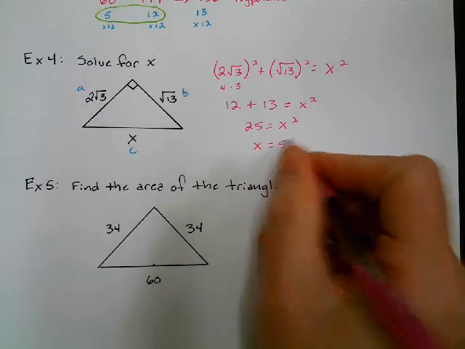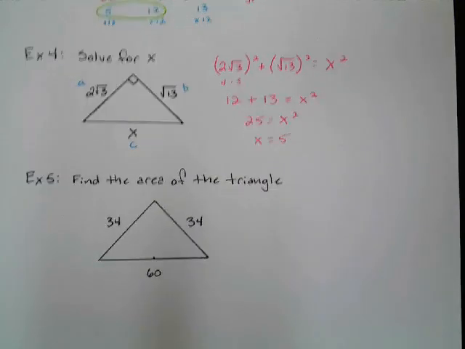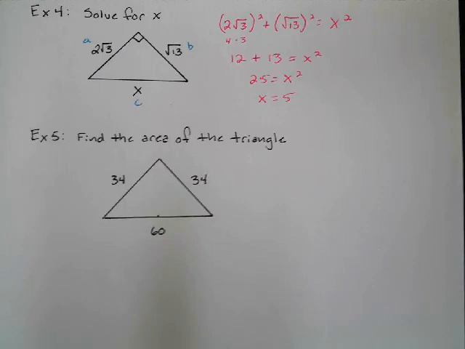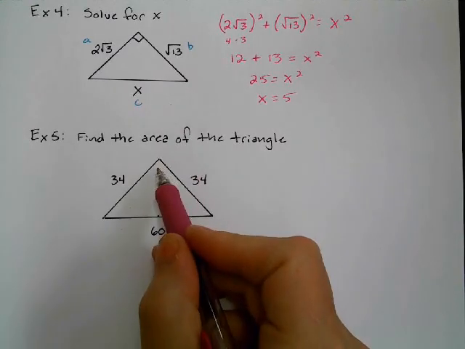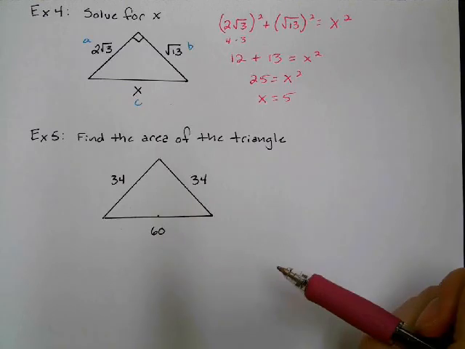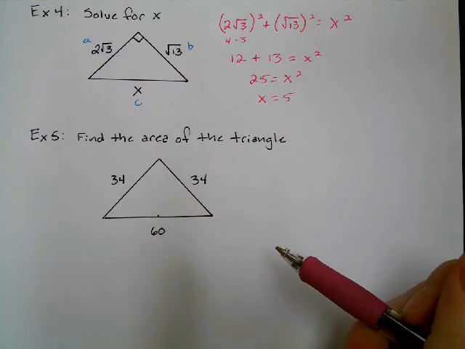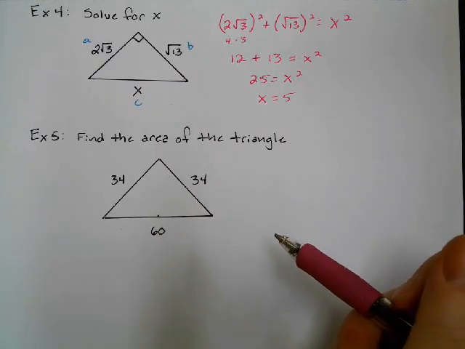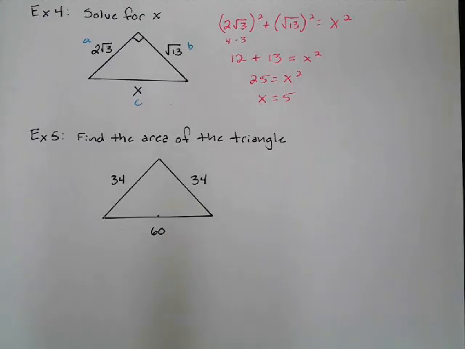Next one, find the area of this triangle. Ooh, this is a little bit hard. This is isosceles. It doesn't tell me that this is 90 degrees, so I can't assume it, even though it kind of looks like it is. So what am I going to do here? Well, if it's isosceles, what I can do is split it down the middle.